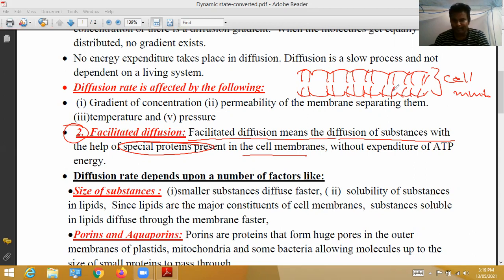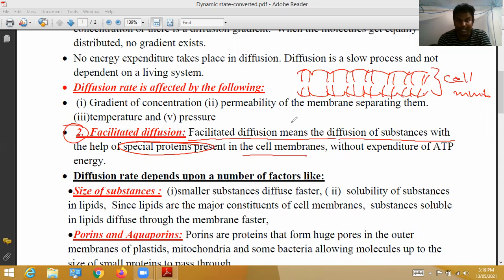It is made up of lipids, and the lipids are arranged in a bilayer. So some molecules or substances are not transported across the cell membrane without using carrier proteins.